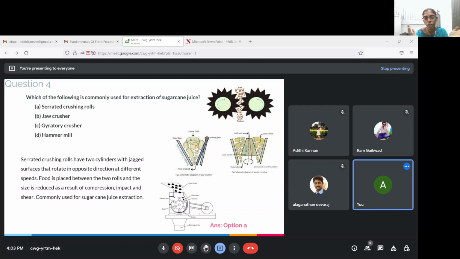So the way in which the force is acting is different for all of these three cases. Compression is more of a unidirectional force. Impact is where your food is getting impacted onto a stationary object. And shear is where it is placed between two plates and you give a tangential force or a frictional force. And that frictional force will result in breakage of the product.